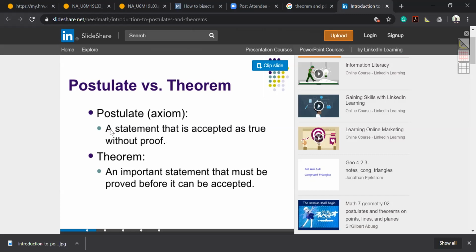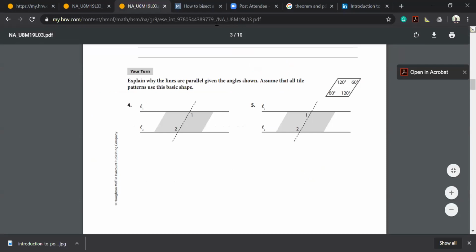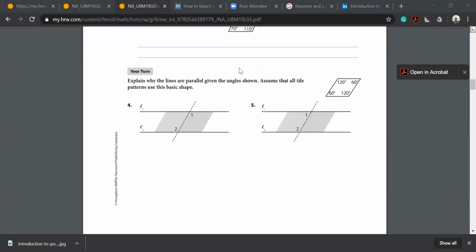Which means the same side interior postulate or its converse will never be proved. But the opposite holds for the corresponding angle theorem and the alternate interior angle theorem. Since they are theorems, we can do a proof for them. Okay?